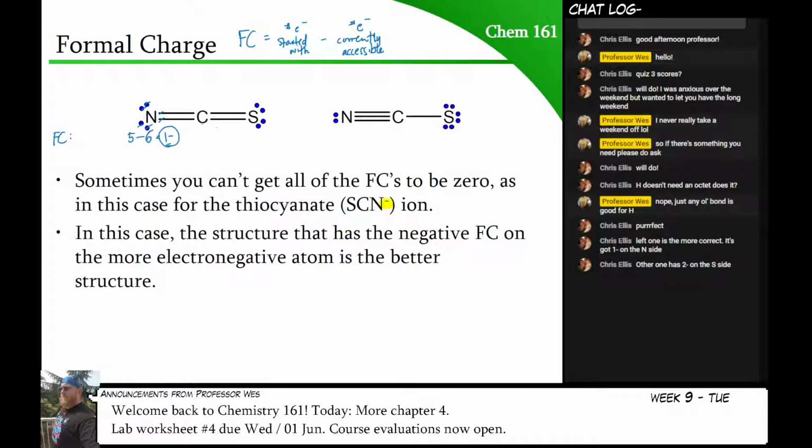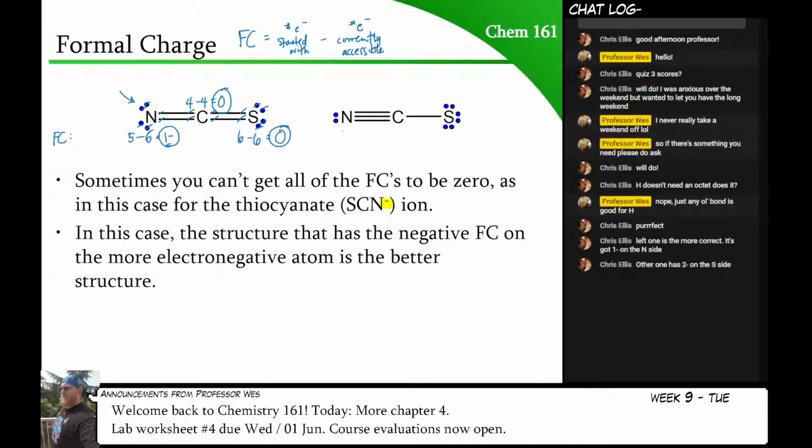There we go. Carbon starts with 4. 1, 2, 3, 4. It currently has 4. And then sulfur. Sulfur starts with 6, and currently has 1, 2, 3, 4, 5, 6. So our -1 ends up on the nitrogen over here.